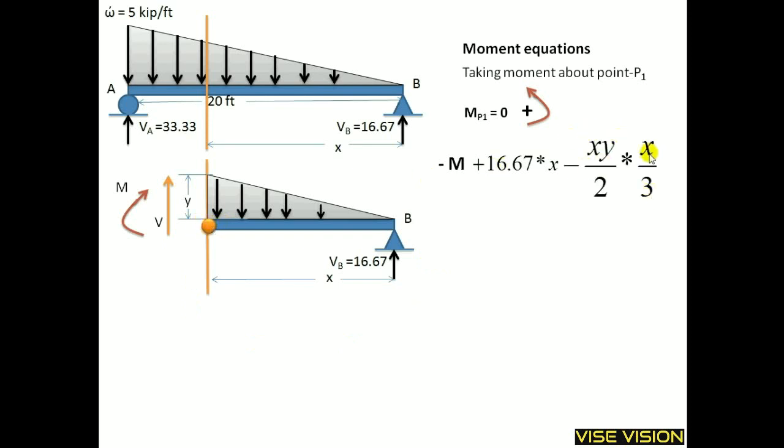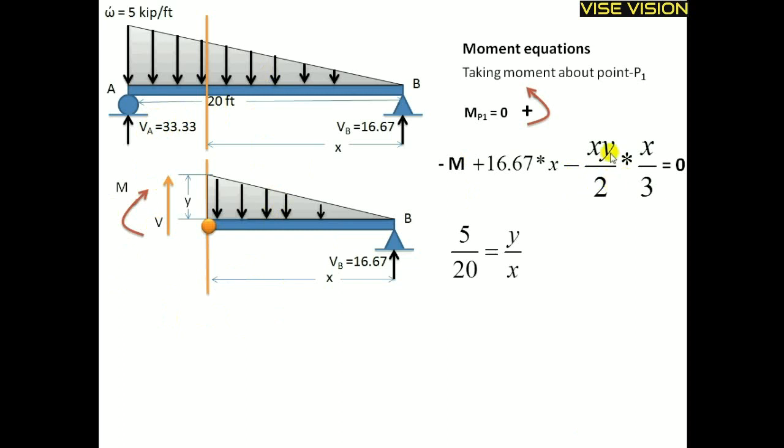And then the UVL force is x times y divided by 2, and multiplied by x by 3, which is the moment arm of this UVL about point P. This is also taken as negative because it creates a clockwise moment about point P. Its sum is equal to 0.